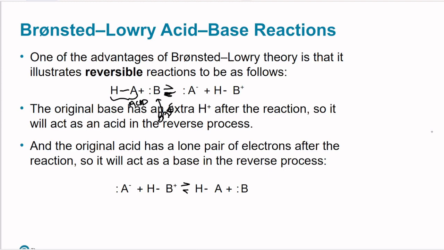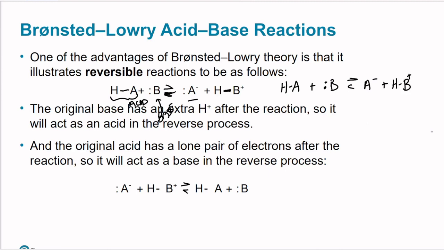It has a lone pair that it can use to accept an H plus, and when we pull the H off of the HA, we get A minus. Then we get the hydrogen associated with what was our base, the HB plus. So let's write that over here. We have HA plus B with the lone pair, that's our base, yields A minus plus HB plus.